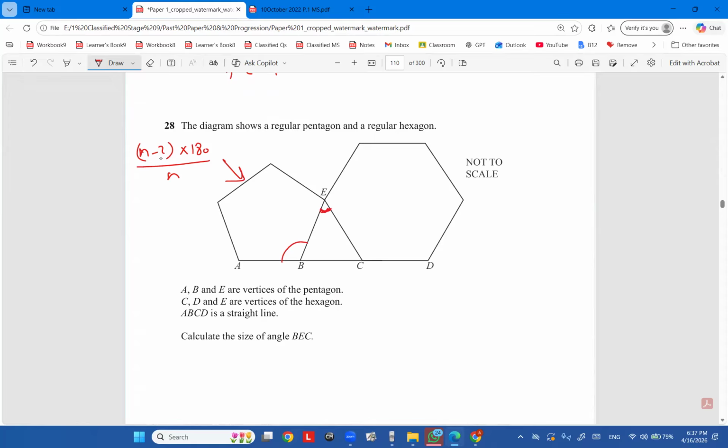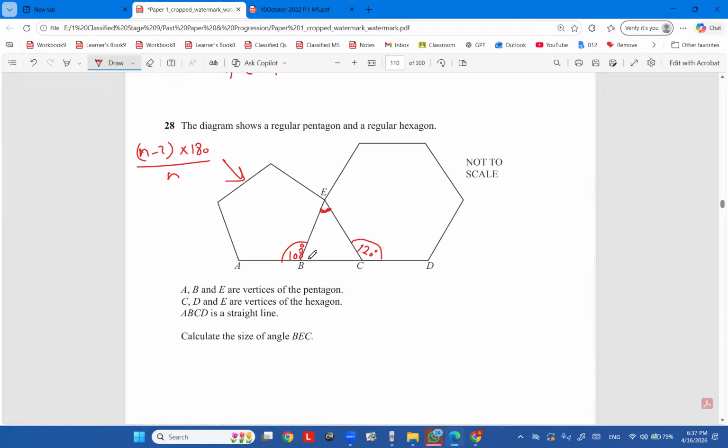Substituting n with 5 because it has 5 sides, 5 minus 2 multiplied by 180 over 5 gives exactly 108 degrees. The same applies to the hexagon: n minus 2 multiplied by 180 over n gives one interior angle of a regular hexagon, which is 120 degrees.